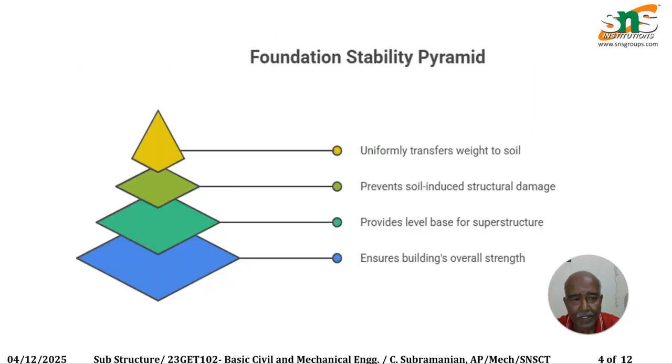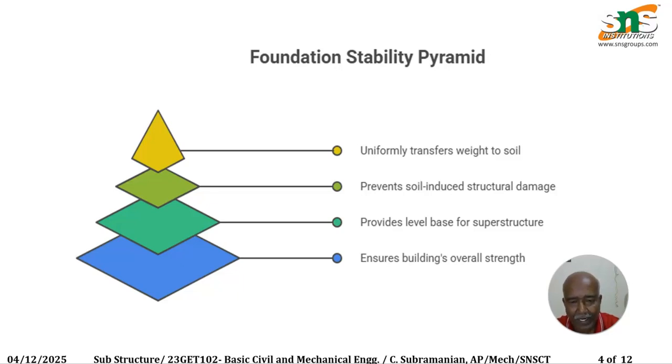So the foundation, as in the pyramid you can see, ensures the building's overall strength. Before constructing a building, we have to take a foundation of at least 7 feet to 8 feet, or 10 feet. If it is above 10 feet, then we have to give a pillar and also a beam around the pillar to hold the building itself, which ensures the building's overall strength.